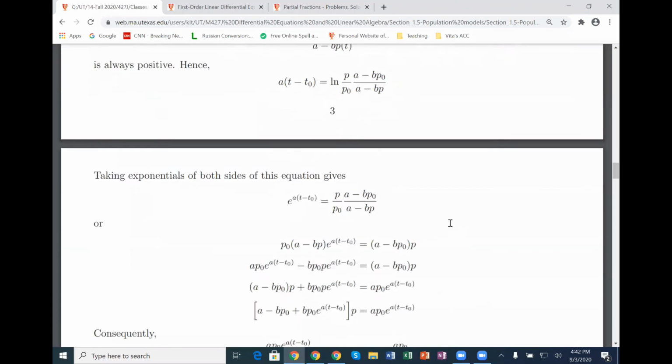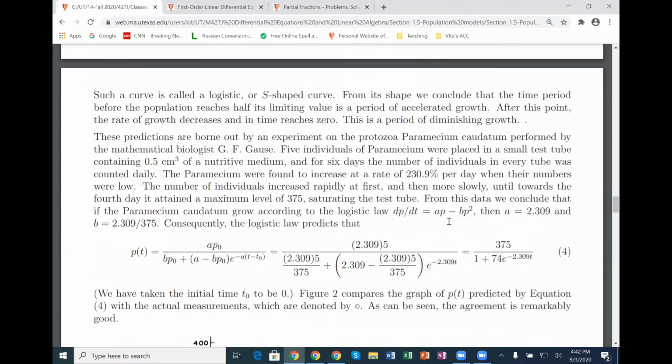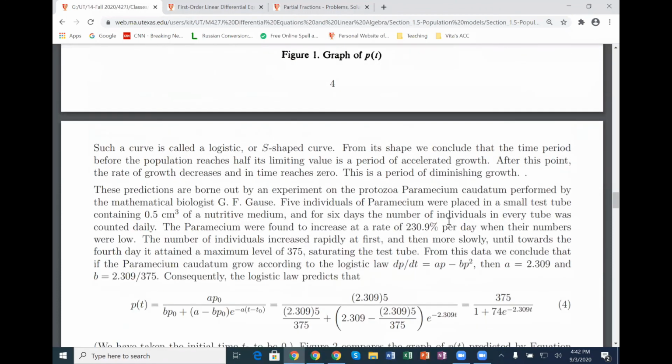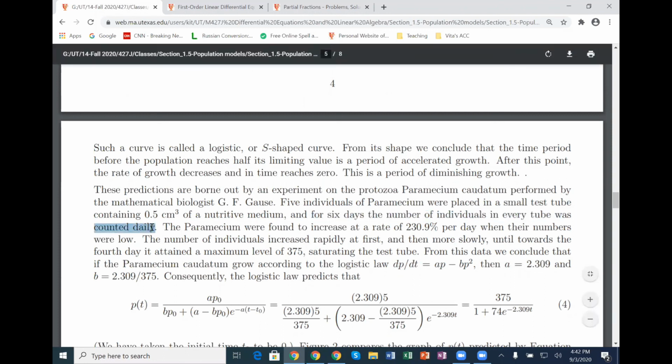Thank you. Folks, let us discuss the following example. We have 5 individuals of Paramecium. These 5 individuals were placed in a small test tube. For 6 days, the number of individuals in every tube was counted daily.